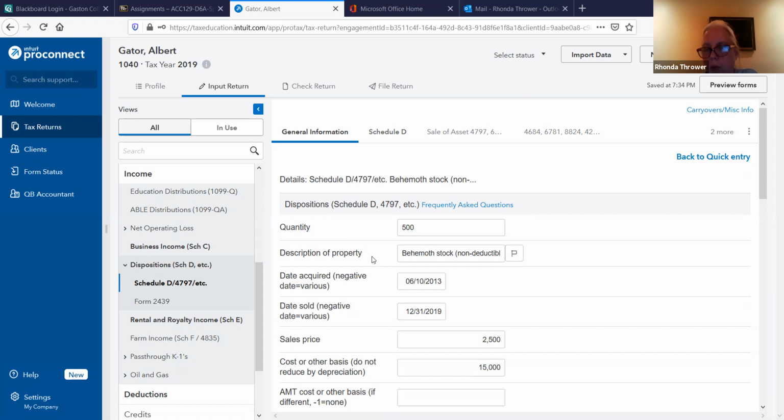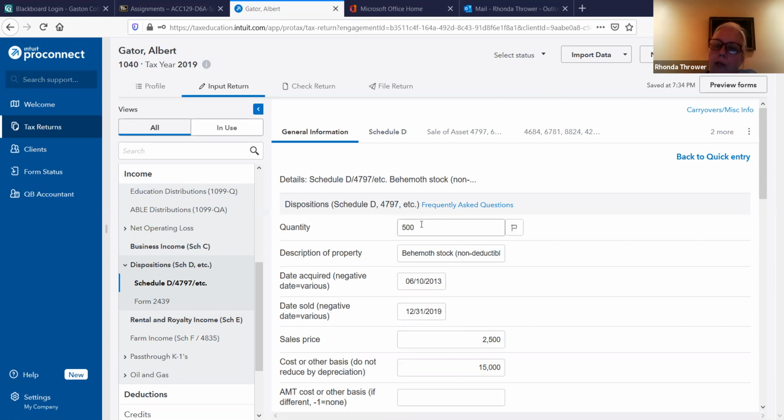For a description of property, you're going to record this as Beethmont stock. It's a non-deductible loss, or this is the related party transaction that I talked to you about just a few minutes ago. In your instructions, they give you the date that you acquired the stock and the date that the stock was sold, as well as the selling price per share of $5.